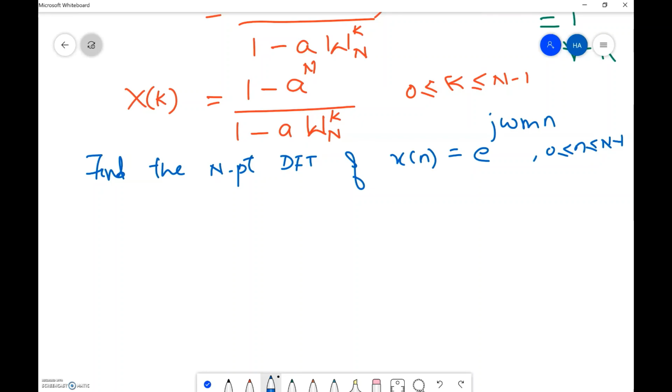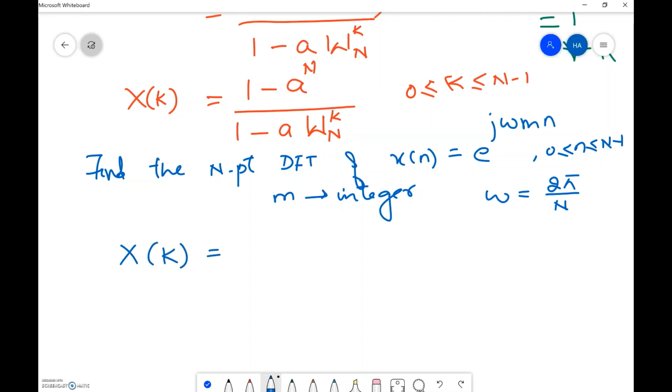So this is again an exponential signal which is given to you, but in a different form than what we did in the previous problem. Here the value of omega, that is your angular frequency, is 2 pi by N, and m is an integer.